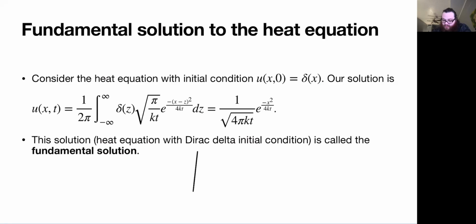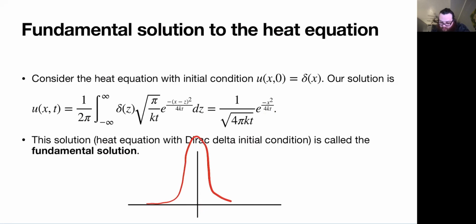One way to visualize this might be to draw some axes. Let's take a look. Say x equals 0. If 4kt is small, or if t is small, we're going to get a distribution like that.